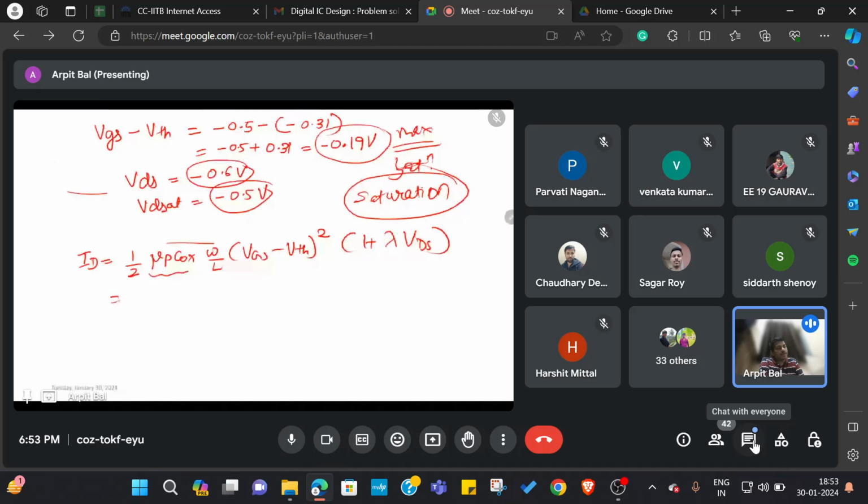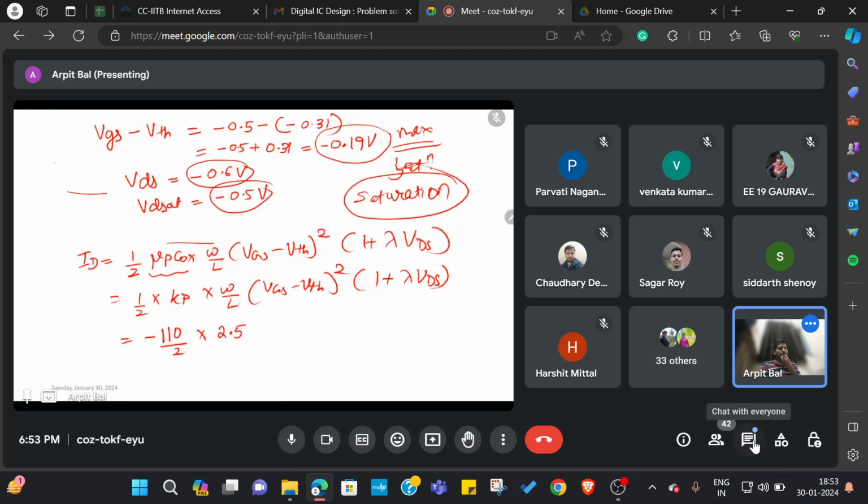So half into KP into W by L, VGS minus VTH whole square, into 1 plus lambda VDS is equal to: KP has a negative value, that is minus 110 by 2, into W by L, given to us as 5 lambda by 2 lambda, that is 2.5.